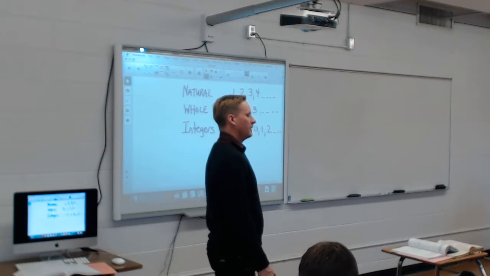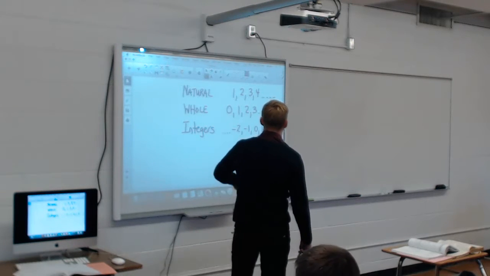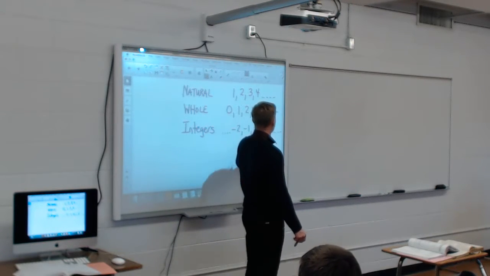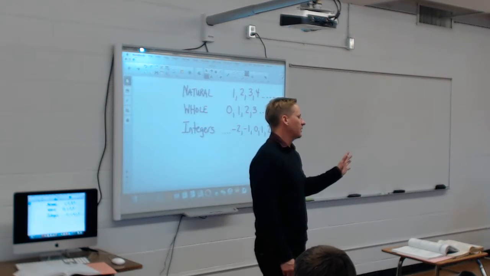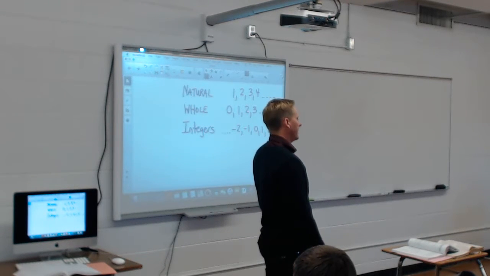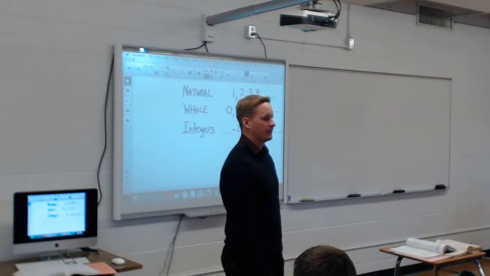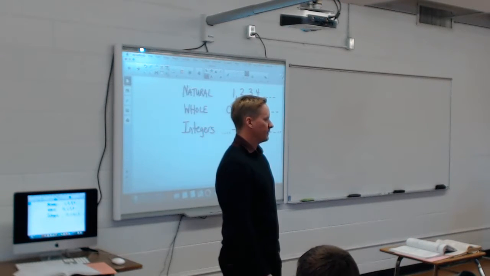It has to stay as is. Integers: minus 2 over 1, minus 1 over 1, 0 over 1, 1 over 1. So there's nothing else you can do to it. Those are just whole numbers, but negatives as well. Fair enough? Okay, any questions so far?